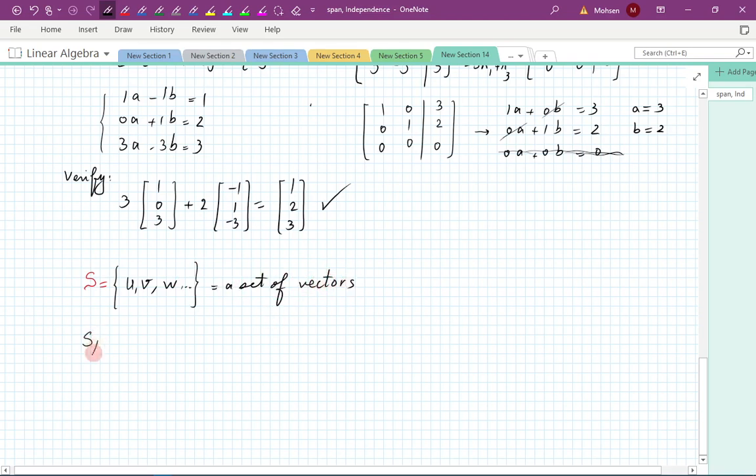The span of a set, written like this, is itself a set, the set of all linear combinations of vectors in the set S.